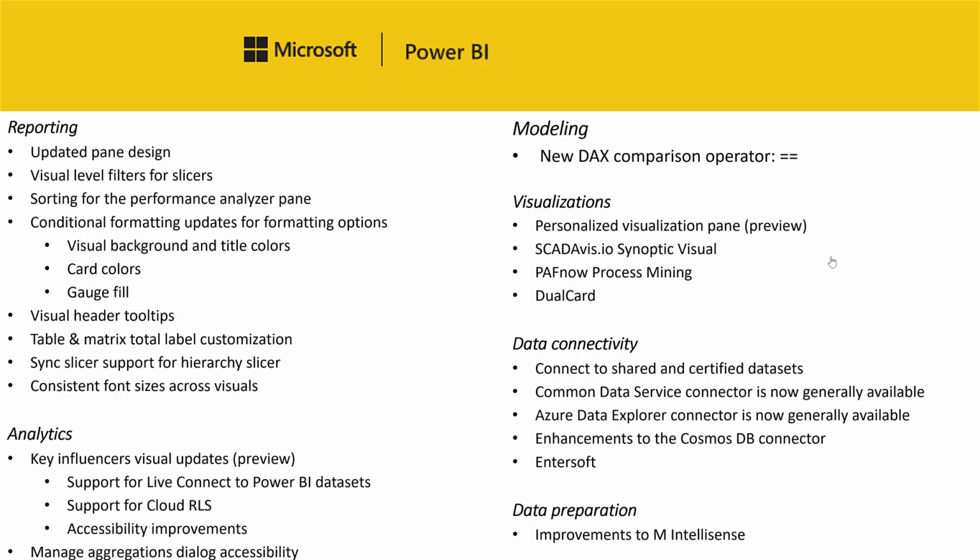You could put 8 everywhere across the visual, and then there'd be some places that are bigger and some places that are smaller. The reason this was different was that some places in our formatting pane were using points, and some places were using pixels. And 8 points versus 8 pixels, they're different sizes, and so they looked different.